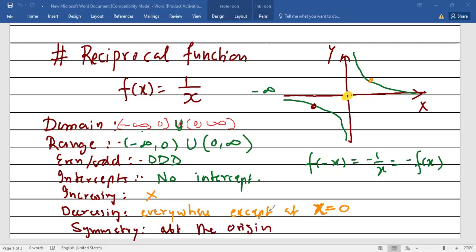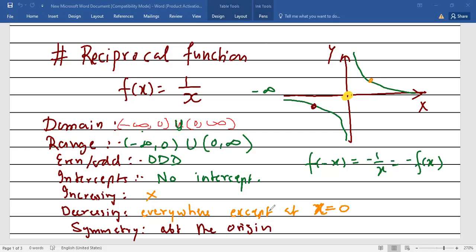So we have seen two functions which are symmetric about the origin. Which are those two functions? The reciprocal function and the cubic function. Perfect. Have we seen any function which is symmetric about the x-axis till now? No. Any function which is symmetric about the y-axis?